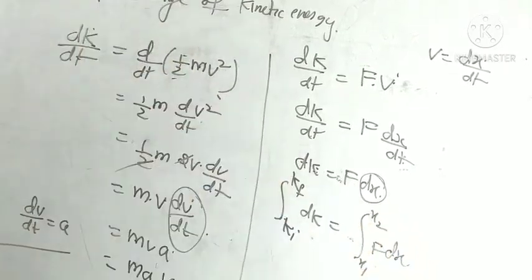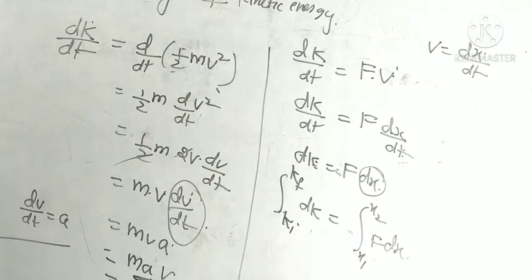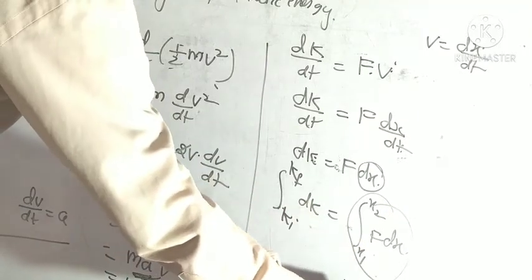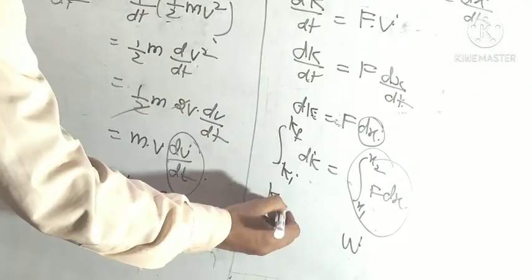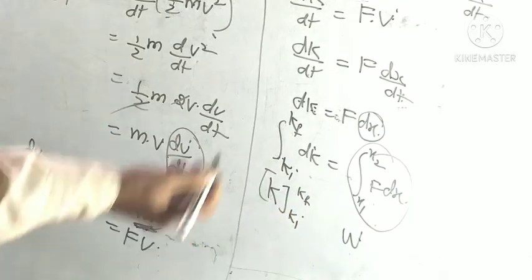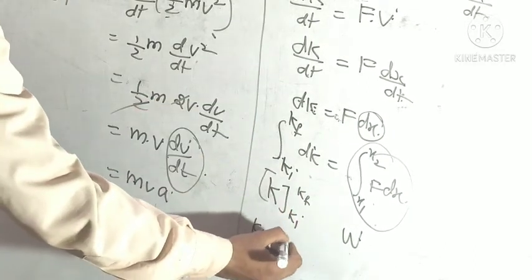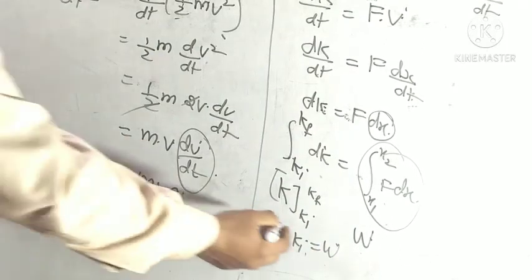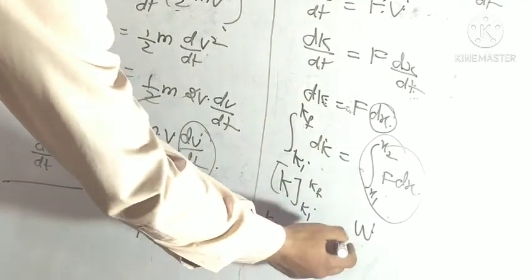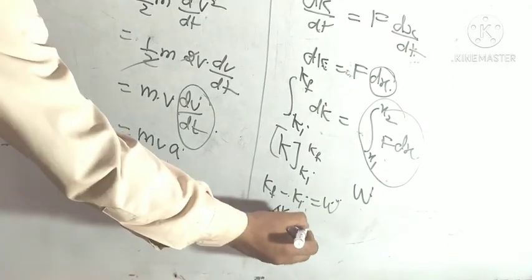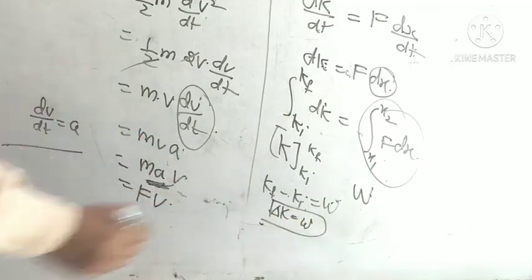It gives work on one side, and Kf minus Ki on the other. Finally, Kf minus Ki is equal to work, and this delta K, the change in kinetic energy, is equal to work.